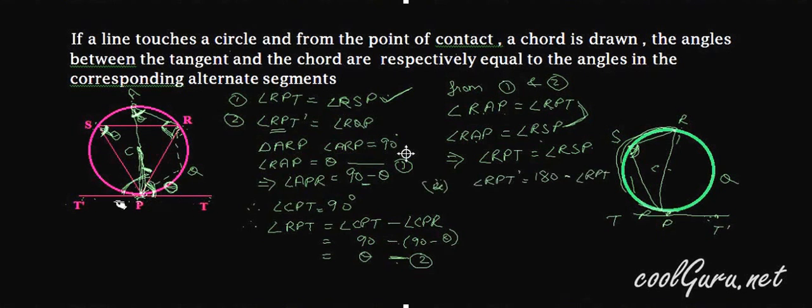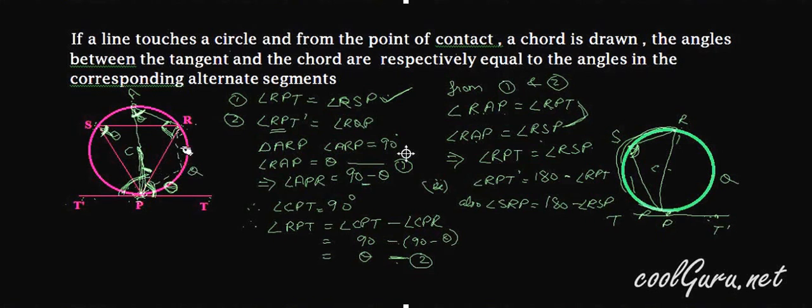T dash PT is a straight line, and also this angle SRP is 180 minus RSP, because these are opposite angles of a cyclic quadrilateral. SRQP is a cyclic quadrilateral.